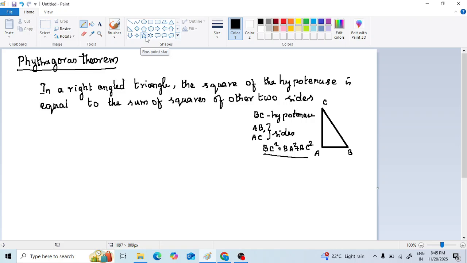Now again I draw the triangle here. For my convenience I just flip this triangle.